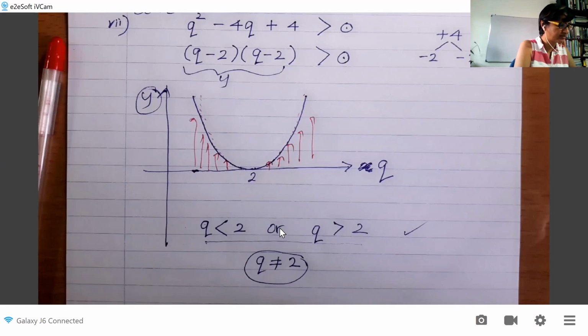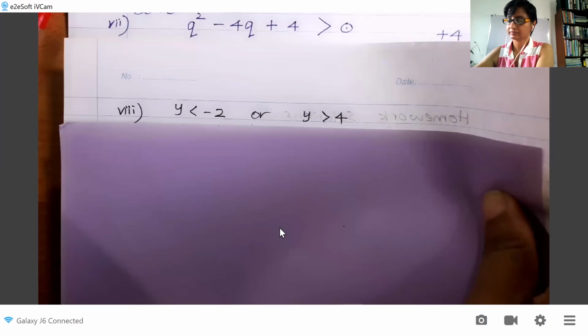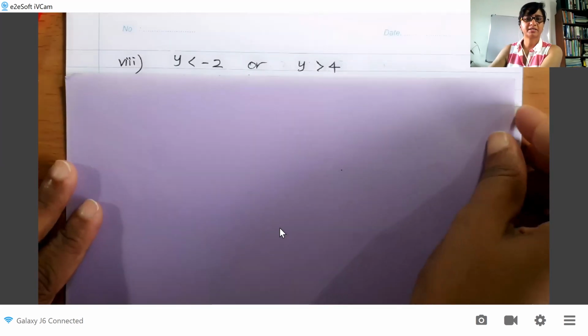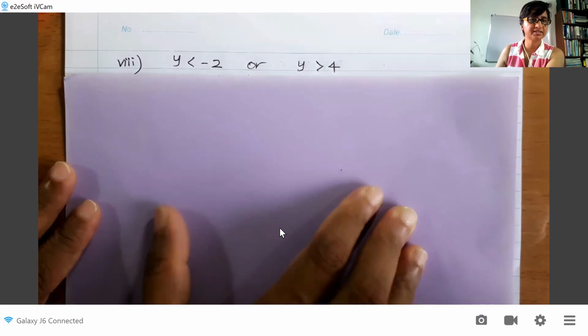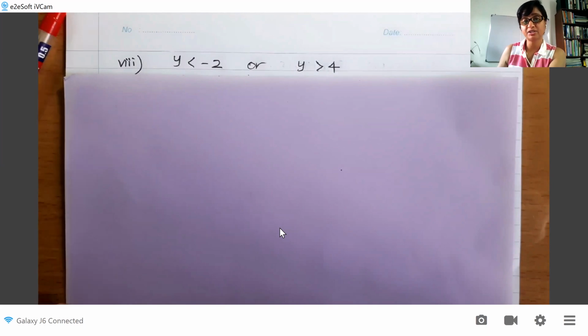Right, okay. Then going back, that was part 7. Part 8, solution is that y is less than -2 or y is greater than 4.